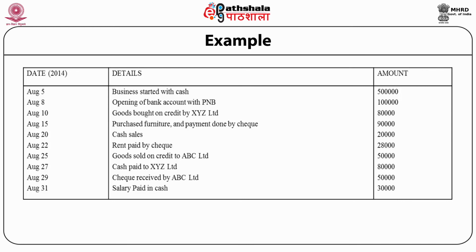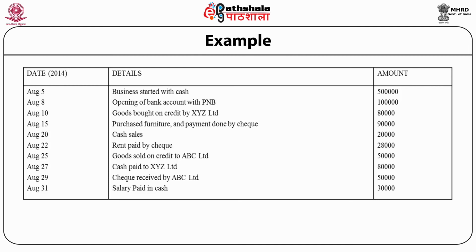Next account ABC Limited debit side date August 28, sales rupees 50,000. Credit side August 29, bank rupees 50,000. Next, sales account credit side August 20, cash amount rupees 20,000.